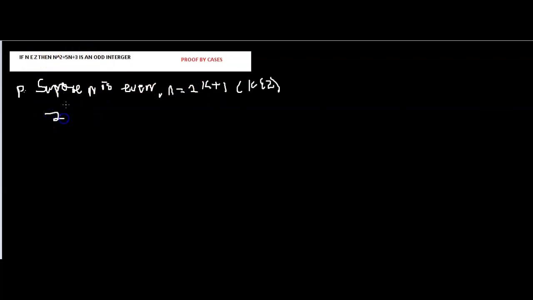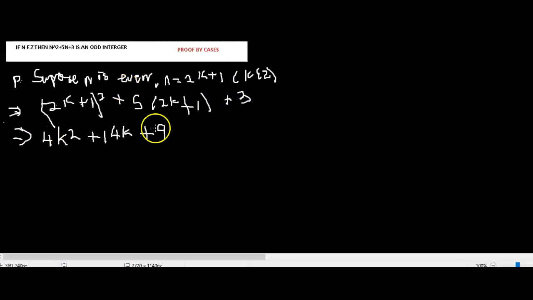So it'll be 2k plus 1 all squared plus 5 times 2k plus 1 plus 3, because we're just placing n as 2k plus 1. Now we simplify. Somehow we have to show that it's an odd integer, so it'll be 2 times something plus 1. Now there's a common factor here which is 2, but how do you get 1 by itself?